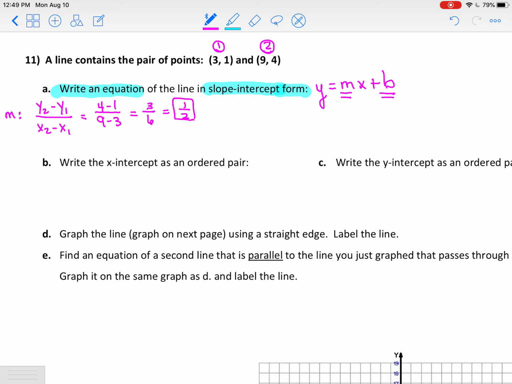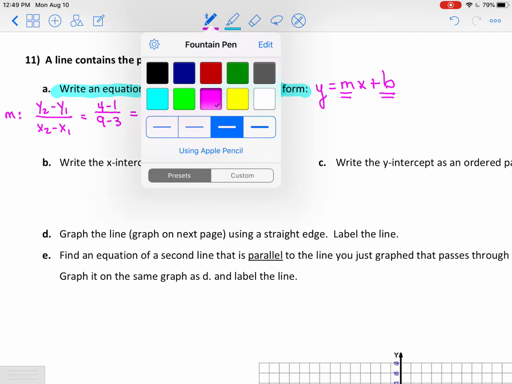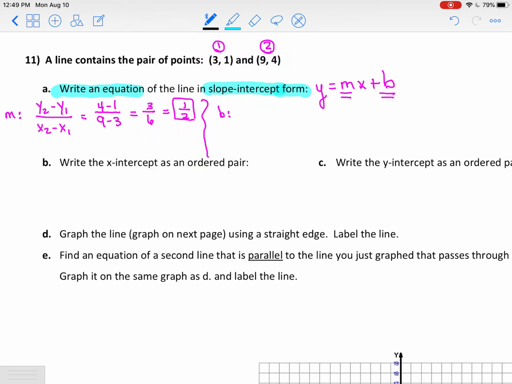Okay, so that's the first part of it, and of course now we need to find our b. And in order to find our b, remember that we just choose one of those points to plug in. So we're going to take our original equation here, and we're just going to plug in the points. Now I'm going to just use the simple point here. This is the original point. This is the most simple.